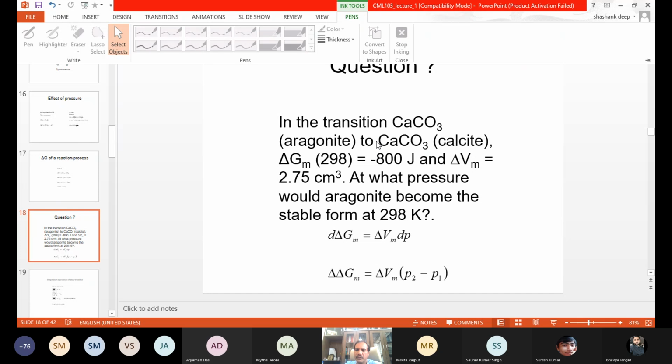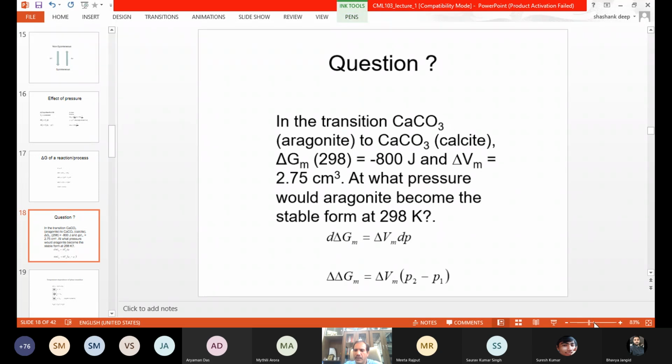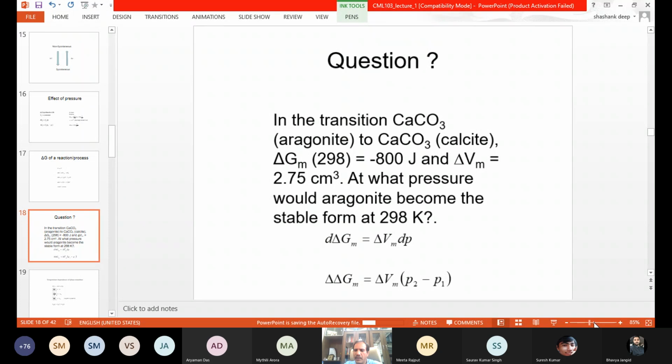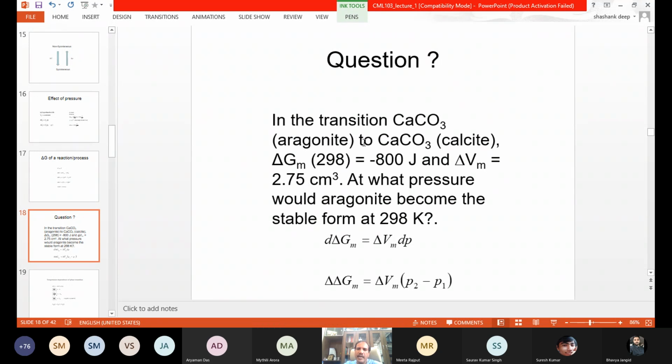Hello, do you have any question? Okay, no question. Then delta Vm is positive, and the question is when aragonite can become stable.